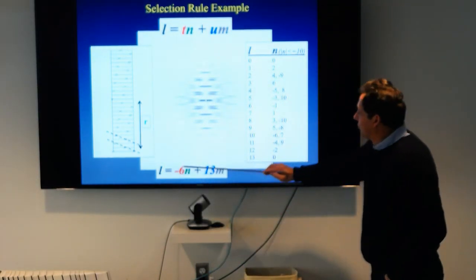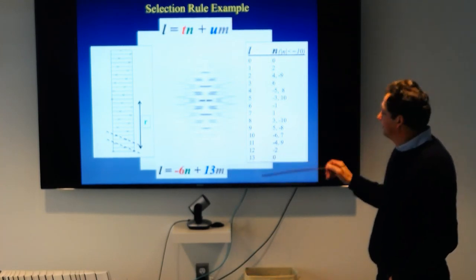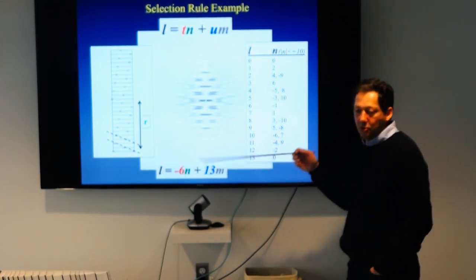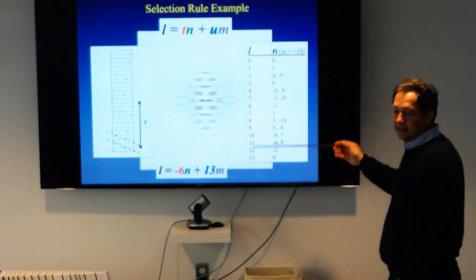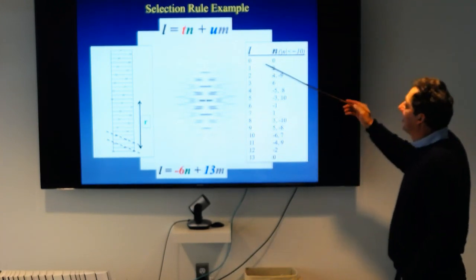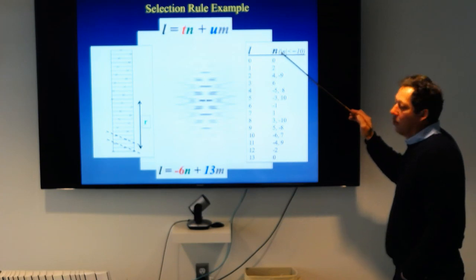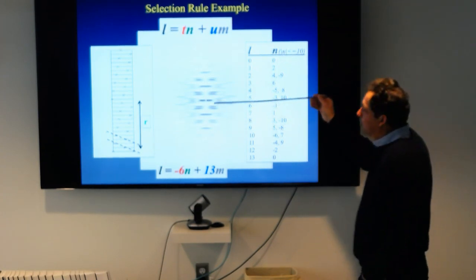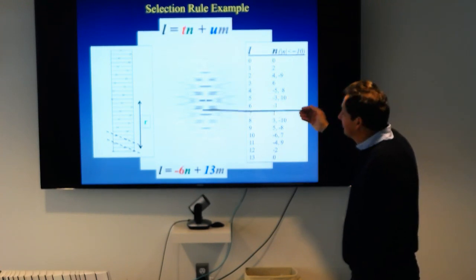So this is the selection rule. You can write a little Python code, or whatever you feel like, and see exactly what all the Bessel orders are that correspond to each of these layer lines, okay?